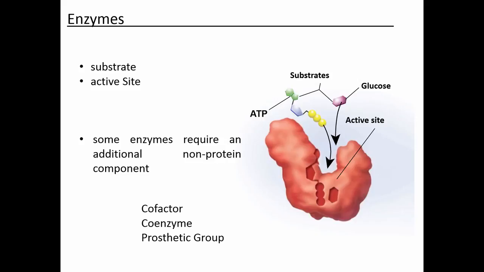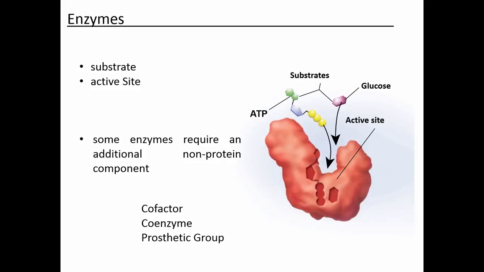And it's important to realize that the active site shows specificity for the substrate. Similar to how we talked about channels and carriers showing specificity for what they transport, enzymes show a high degree of specificity for the chemical reactions that they catalyze. The reason is that their active site is very specific for the substrates that bind to it.